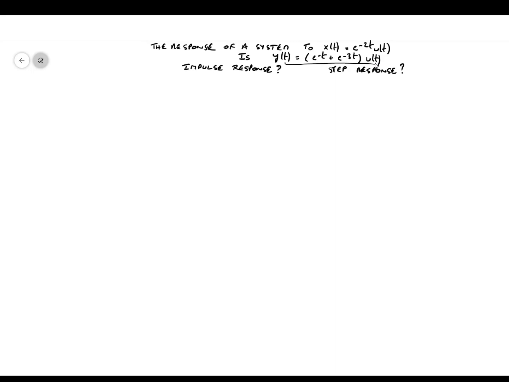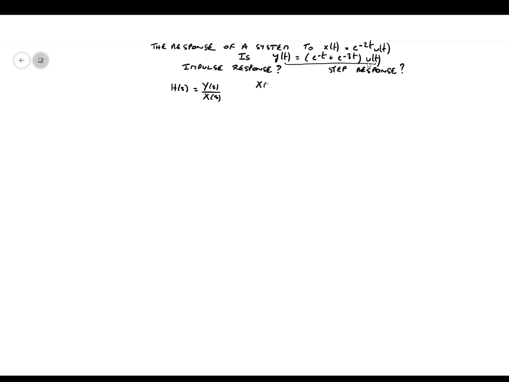Okay, so first thing that we have to do is maybe find the transfer function of that system, and you can simply do this by writing h of s is equal to y of s divided by x of s, right?